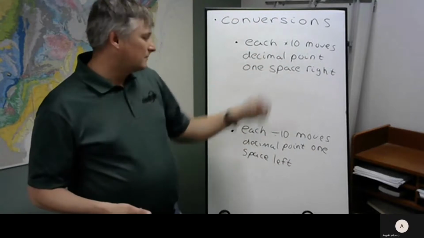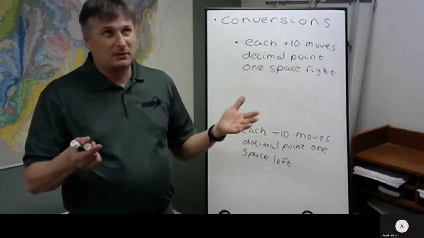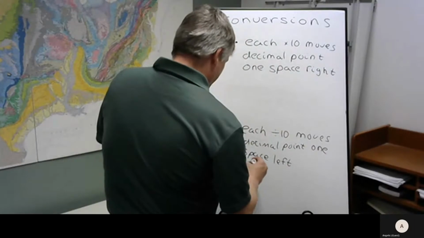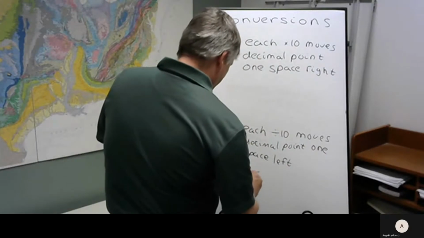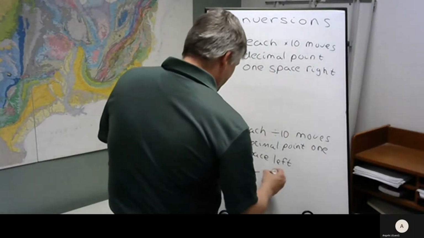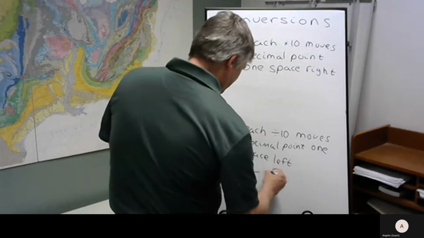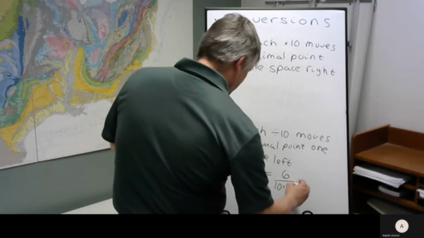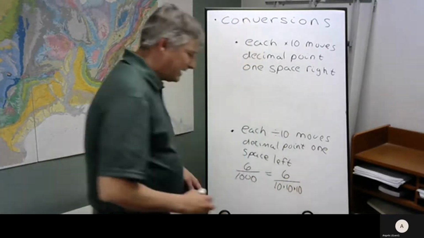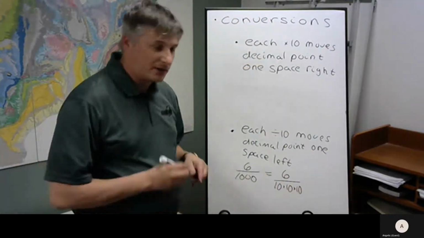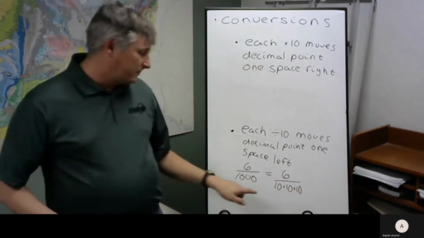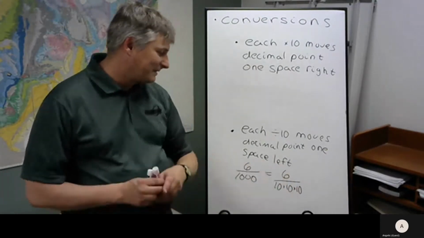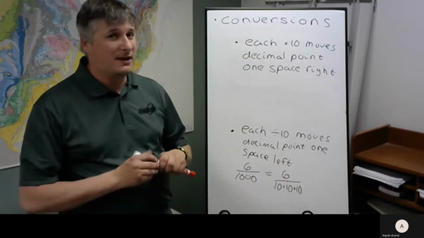So that means if you're dividing, let's say you have 6 over 1,000. You're actually dividing by 3 10s. Now, granted, these 10s are all multiplied together here, but each one of them will be divided into that 6.